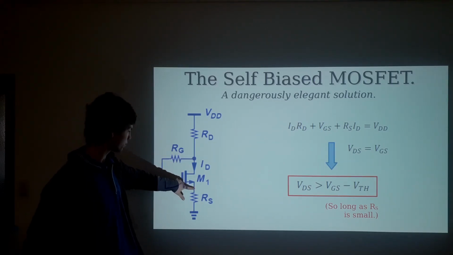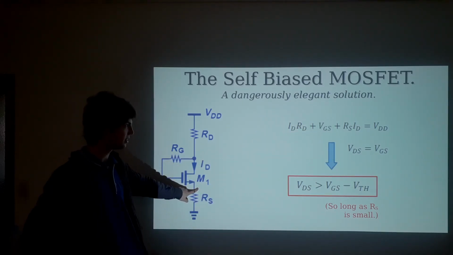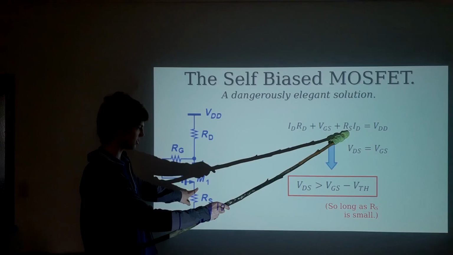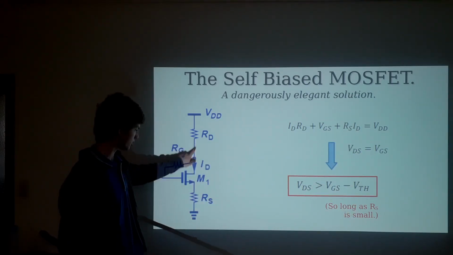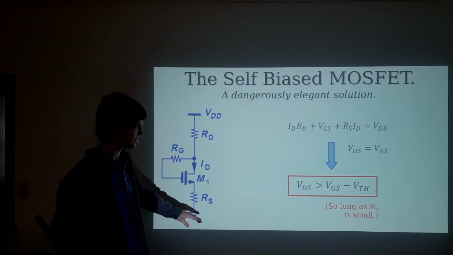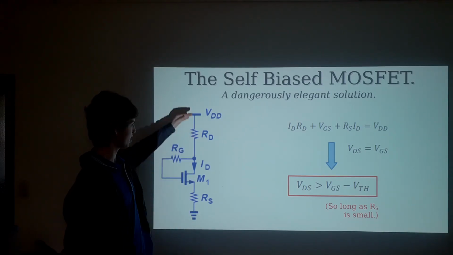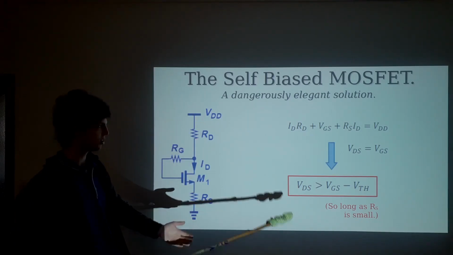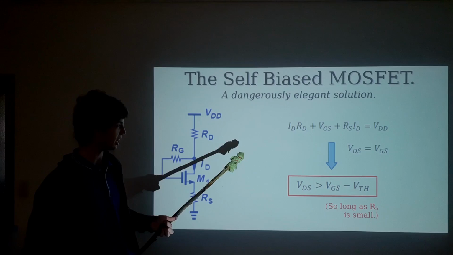Now we take the voltage between the gate and the source, this VGS term, that gets us down to here. The resistance on this source resistor times the current again, which is flowing through this MOSFET, gets us down to here, and we've just gone from top to bottom, but the whole thing at the top is the total voltage. Right, that's just Kirchhoff's voltage law in a nutshell.